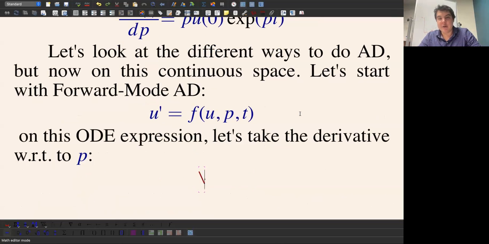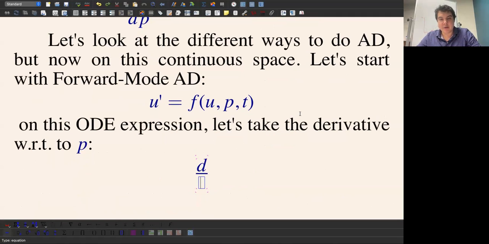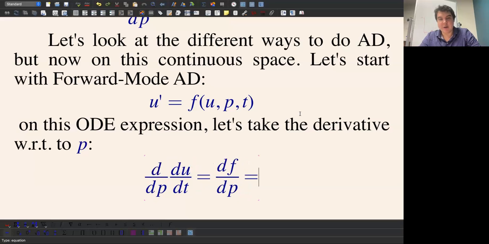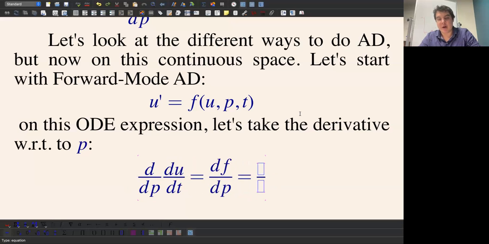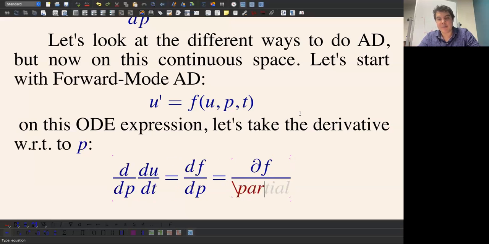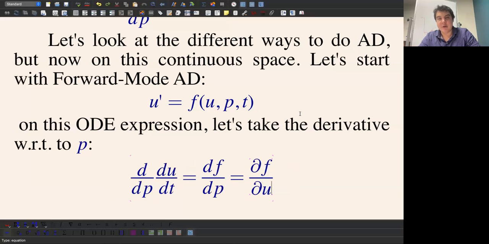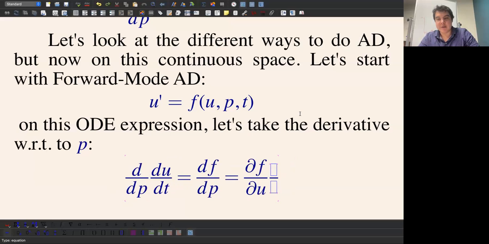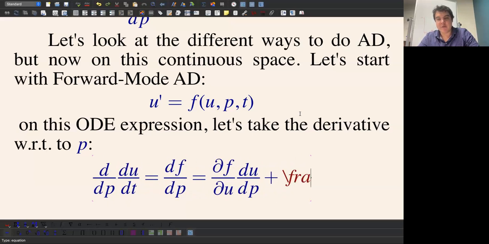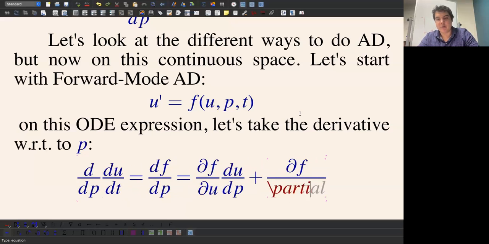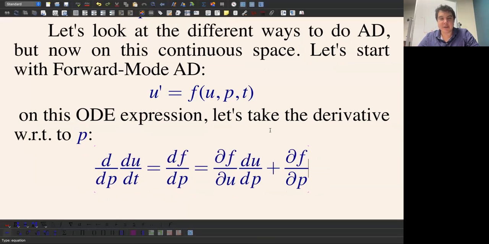If I do this, what I have is d/dp of du/dt equals df/dp, which if I write this out, is the partial of f with respect to u, times du/dp, plus the partial of f with respect to p. So this is just the extended chain rule.